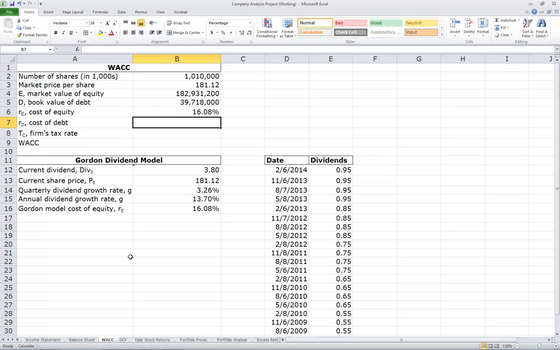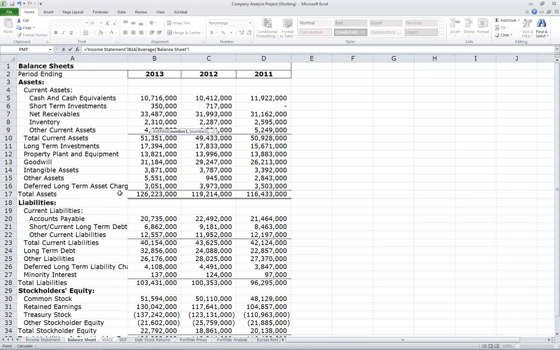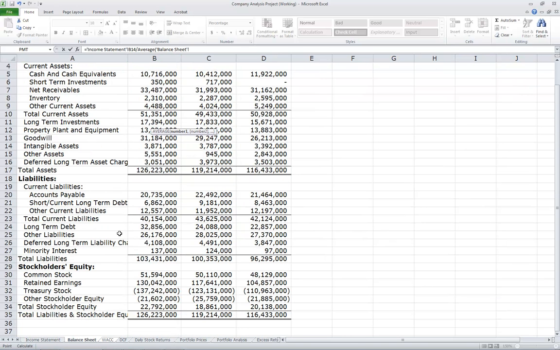We're going to calculate the cost of debt as your interest expense from 2013 divided by your average debt for 2013. And your average debt for 2013 would be what you ended 2013 with in total debt. So we'll go to the balance sheet. So total, you ended 2013 with short-term plus your long-term debt.